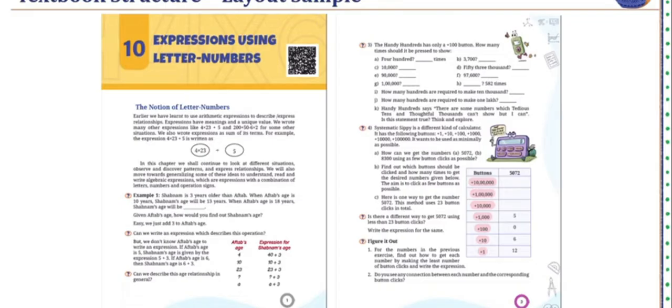So this is about expressions using letter numbers. So we are talking about the algebraic part here, and how these letter numbers come into play. That has been done in this particular chapter. There are different instances and different activities that are being discussed here, and using that, slowly we introduce the concept of the letter, that is X, Y, Z, M, N, L, M, N, etc.